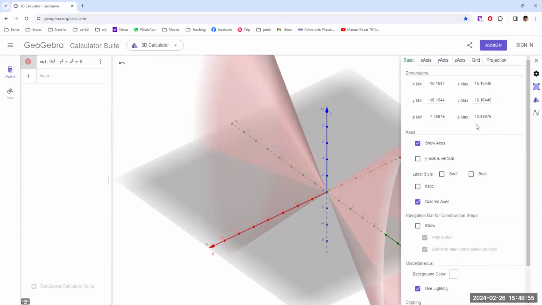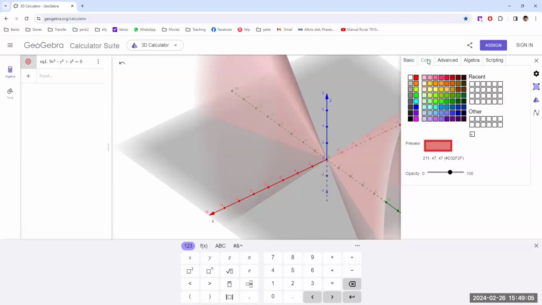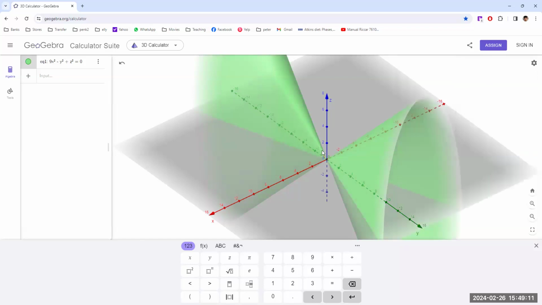Setting. Hold on. I want to change the color, but I don't know how to. Oh, here. I want to change the color to maybe green. Now it's better, right? Do you see that?